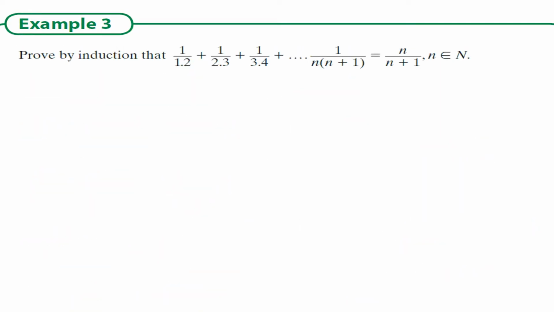So example 3, prove by induction that this statement is true. Now, just be aware that the dot is our multiplication dot. So it's 1 times 2, 2 times 3, 3 times 4. We've never really seen the dot used in the actual exams, but we do see it sometimes in books.